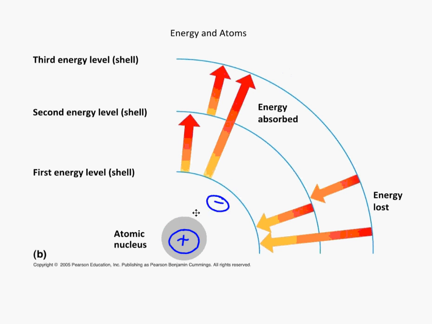This positive and this negative love each other. However, there's so much energy swarming around that it causes this thing to go wide of the nucleus. If there's very little energy, then it's closer. If there's a lot of energy, then it's further away. And that's kind of what you see here with this picture.